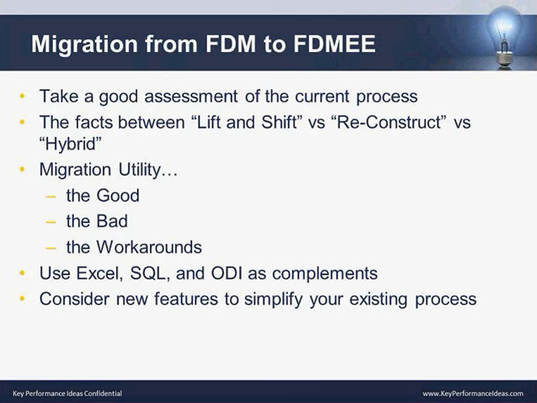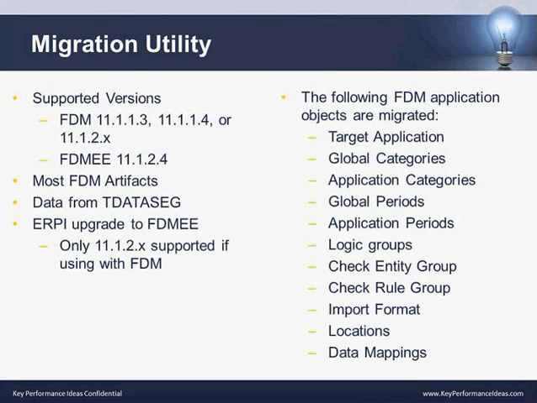FDM and FDMEE can be run in parallel in 11.1.2.3. What that means is that Oracle has released a patch to migrate a standalone FDM Classic app to an FDMEE version. One thing to note, if you're on 11.1.2.3 Classic and you want to migrate over to 11.1.2.3 FDMEE, this migration utility does not support that.